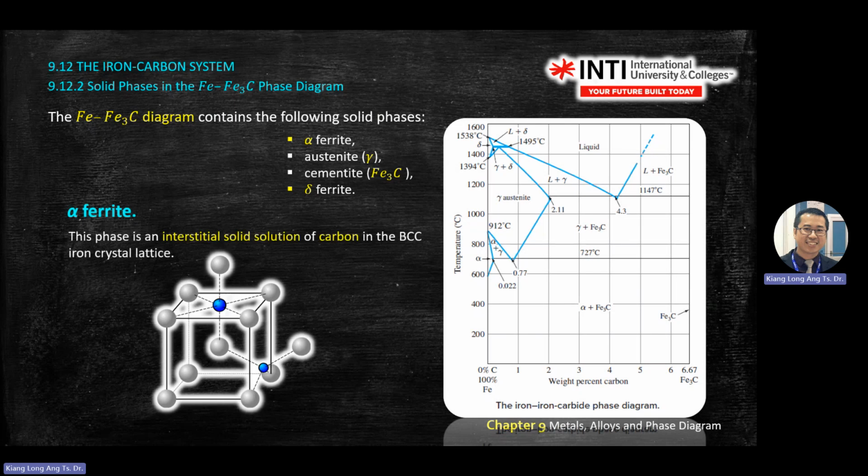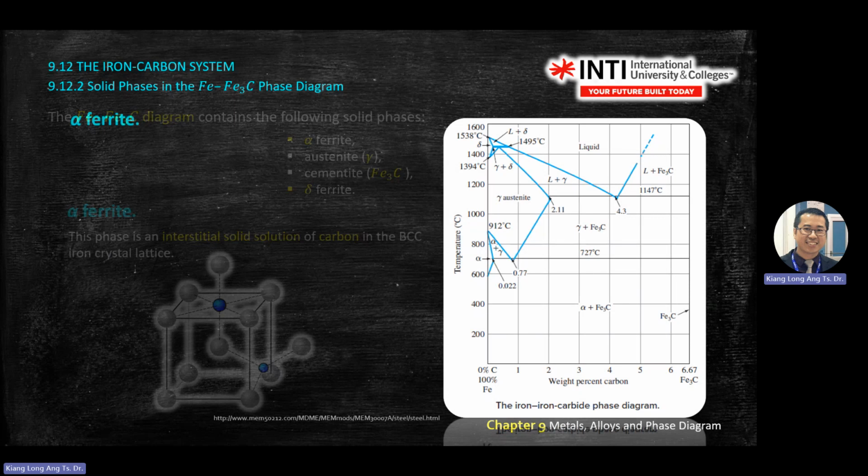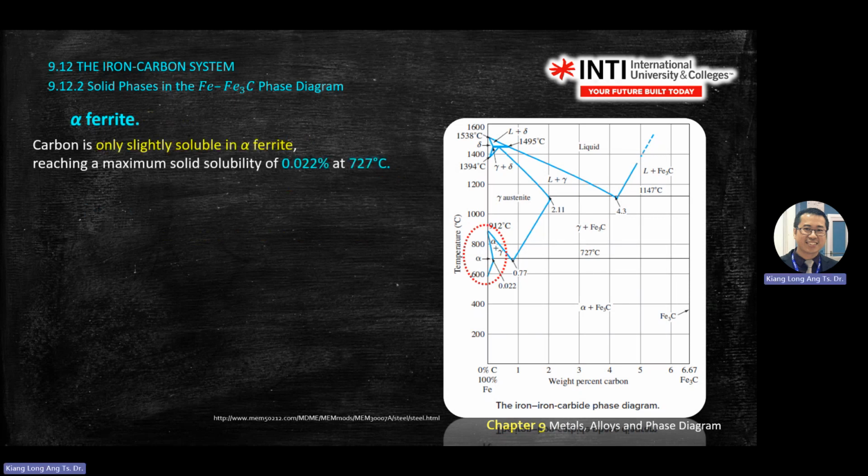So this just tells you alpha ferrite. This one you learned in the crystal structure earlier. You have alpha ferrite, bracket BCC, and so on. So alpha ferrite is over here, a very small portion. We just need to highlight the solubility.